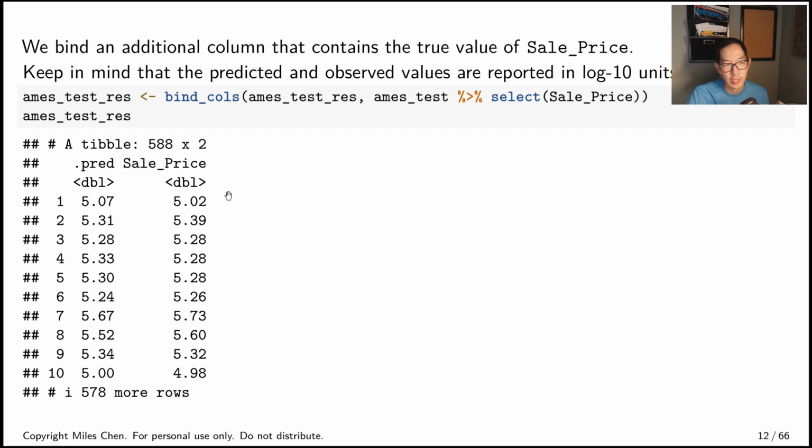And so here we get differences. These are all in log10 units. So for a difference of 0.05 and 0.02, you have to do 10 to the 5.07 and 10 to the 5.02 to get what the actual difference is.